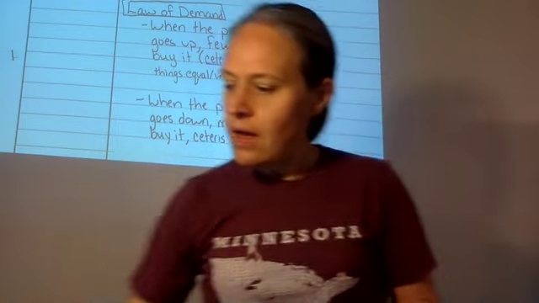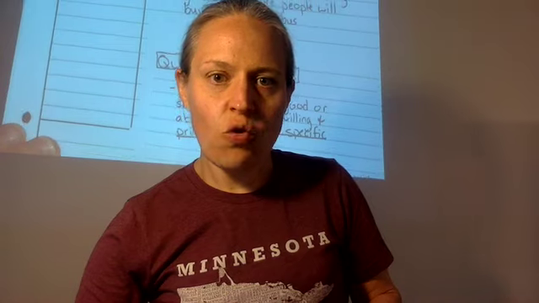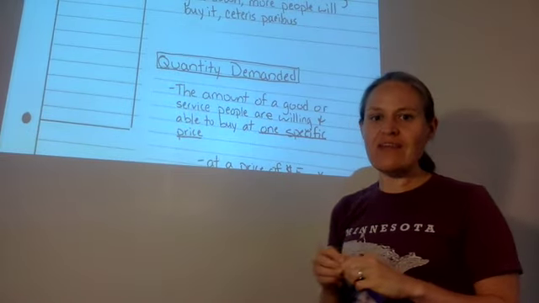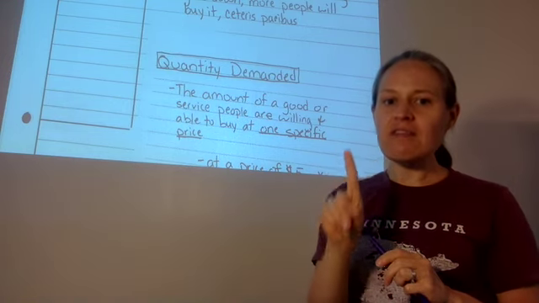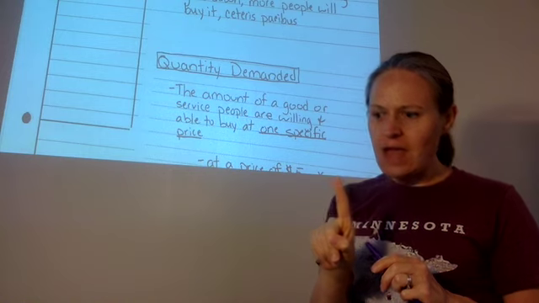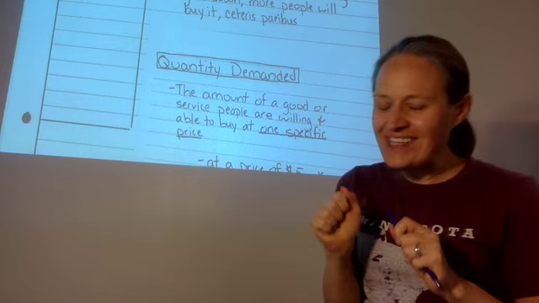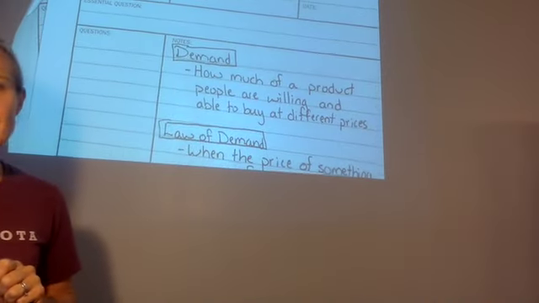Okay. Now, our next term that we're going to add in here is quantity demanded, which is the amount of a good or service people are willing and able to buy at one specific price. Now, these economists, man, they really irritate me with this part because look up here at demand.